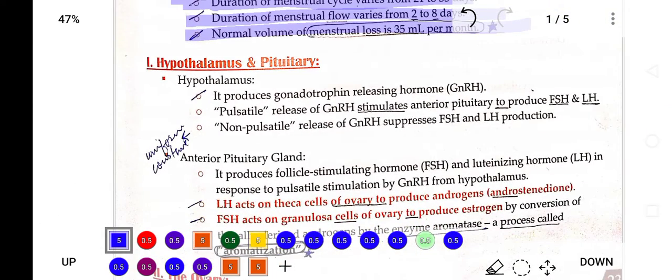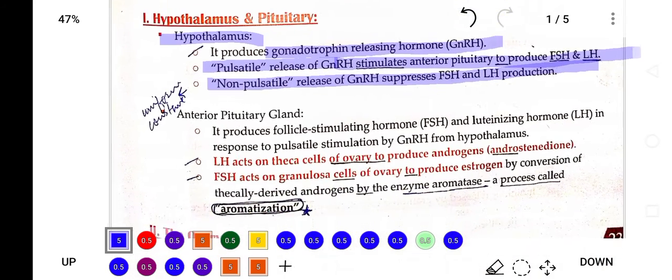Now we will look at how the hypothalamus and pituitary control this cycle. The hypothalamus produces gonadotropin releasing hormone. It is produced in a pulsatile manner, and the release of GnRH stimulates the anterior pituitary gland to produce FSH and LH. Non-pulsatile release of GnRH suppresses FSH and LH production.